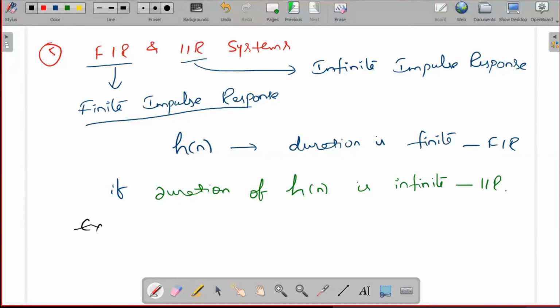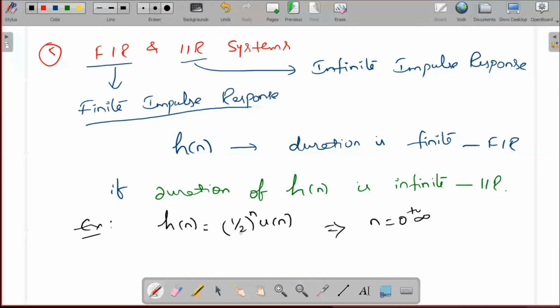So, for example, let us say one system has the impulse response h of n equal to 1/2 whole power n into u of n. Now what is the existing duration? Does the impulse response exist only for a finite portion or an infinite duration? It exists for n from 0 to infinity, only for positive time, because it is multiplied with u of n.